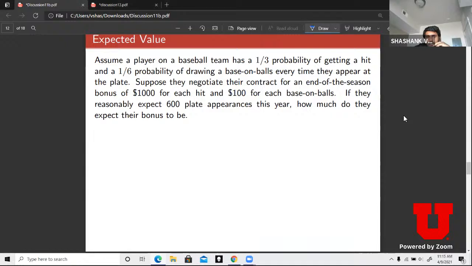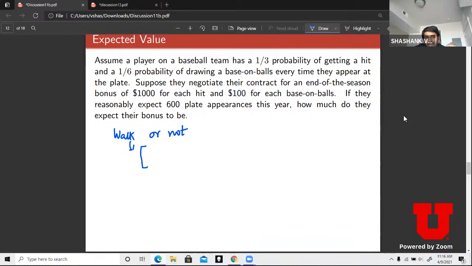All right. So for every plate appearance, you have two outcomes. You either walk to first base or not. The pitcher throws 4 balls and then you get to first base, and that's a base on balls.